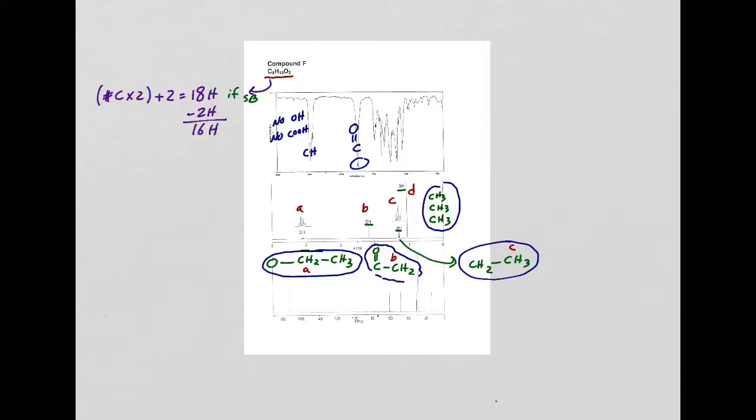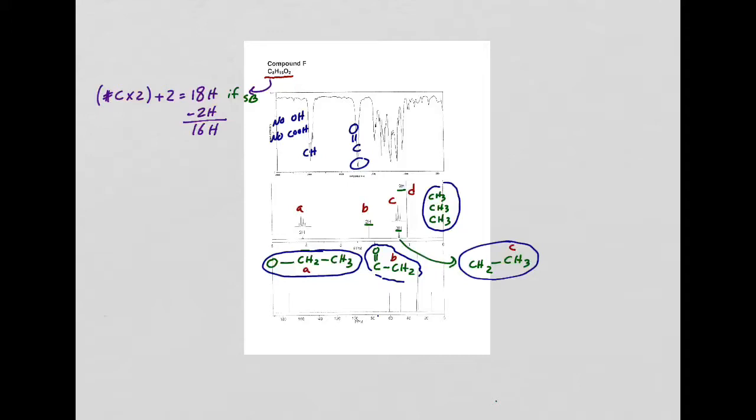Now, let's check this out. This one, we say, is C, right? It has to be attached to a CH2. So there's a CH2 and a CH3 attached to each other. Do you guys see that? So this one right here is this one over here, and the CH2 is the CH2 over here.